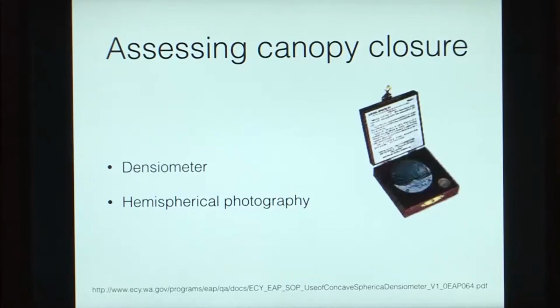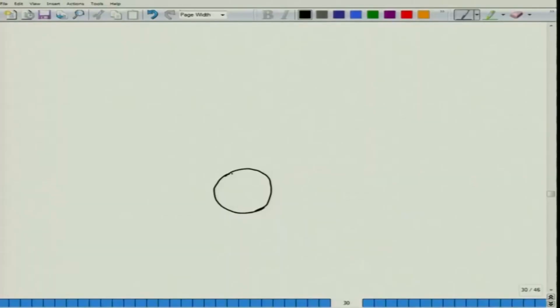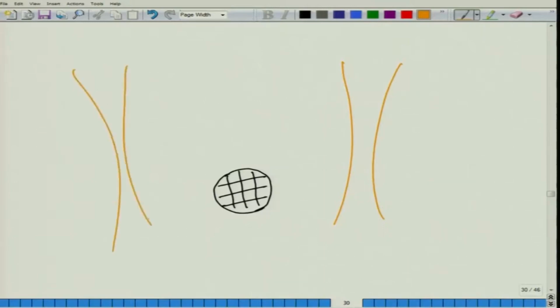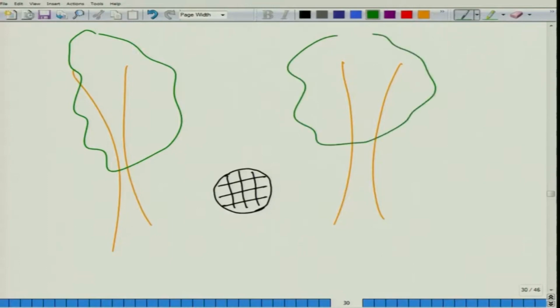So, essentially, looking at the tablet now, this densiometer is placed at the ground level and it is divided into a number of sections. Now, when you have placed it at the ground and suppose you have canopies here, this is one hemispherical mirror.